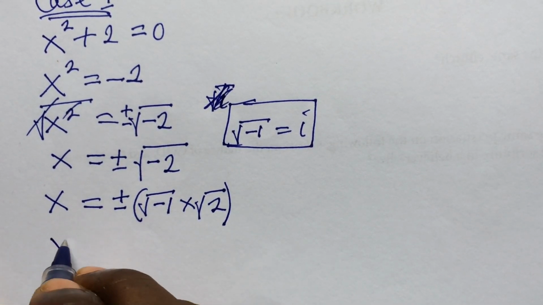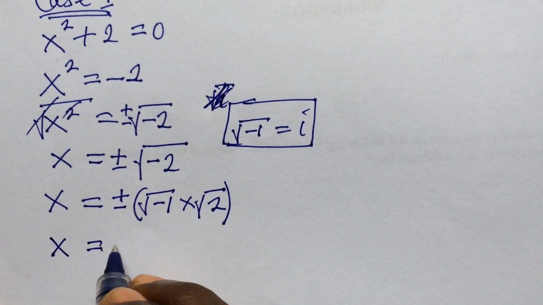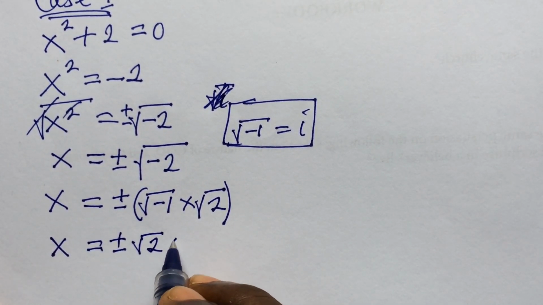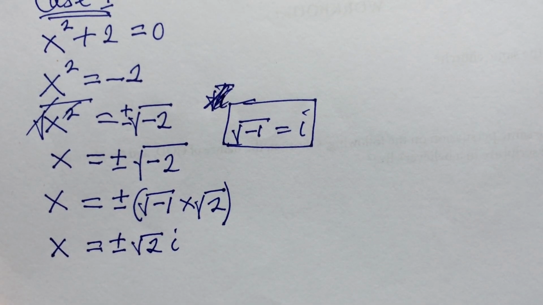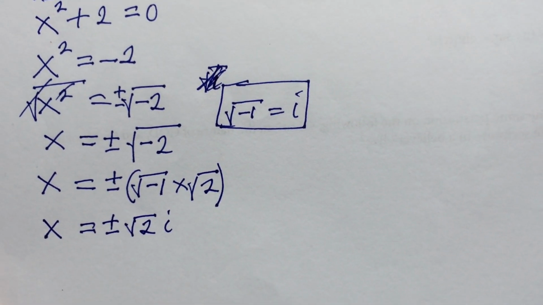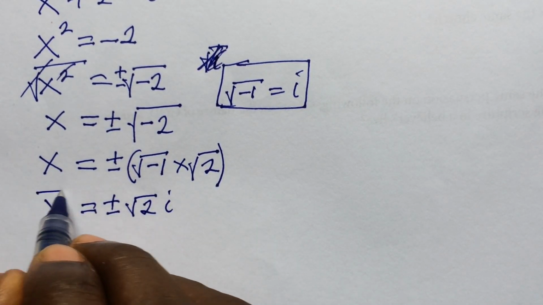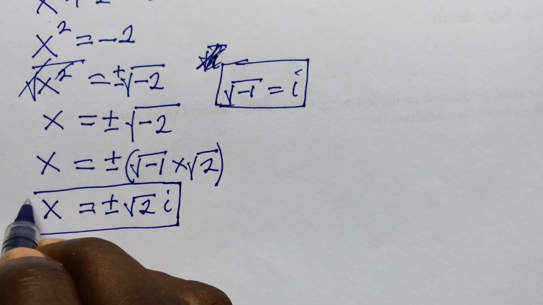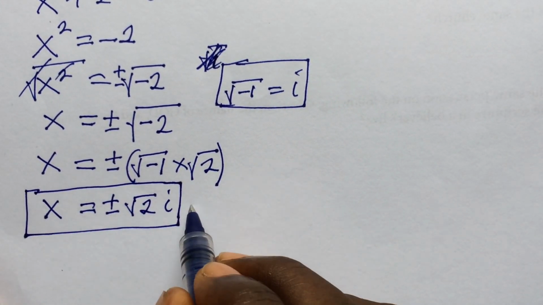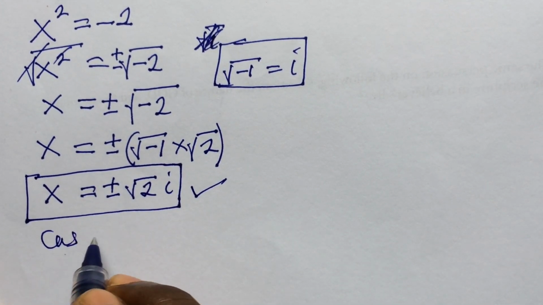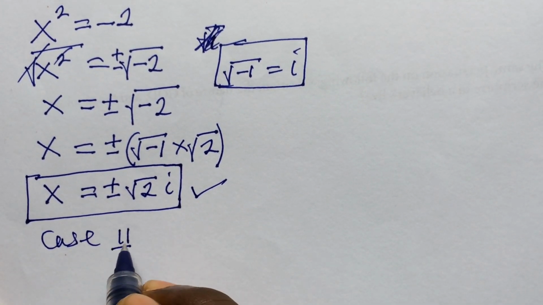So this will now give us x, therefore, is equal to plus minus the square root of 2 times i. Very easy. Okay, we go again. Now we have 2 roots from here. So let's keep this as our first 2 roots. We go to case 2.